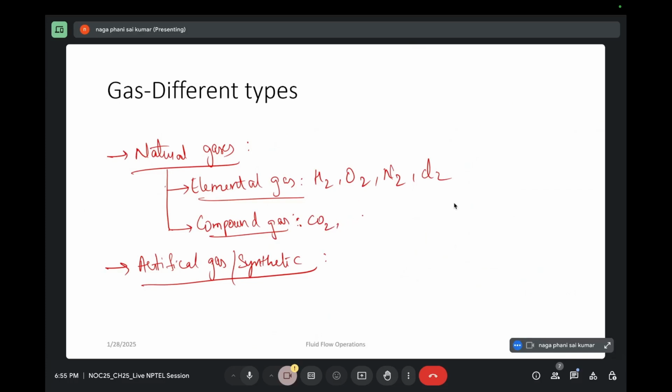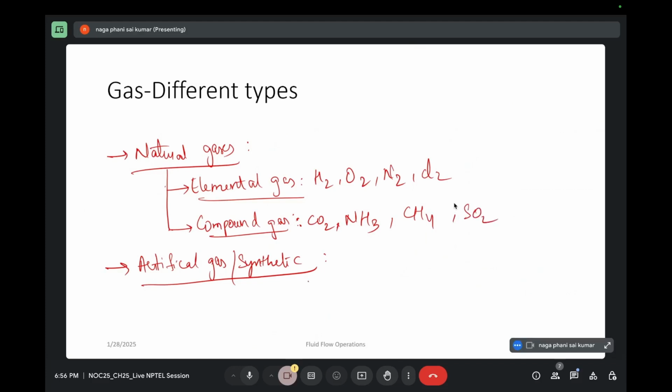And then ammonia, and methane is also a naturally occurring compound gas, and sulfur dioxide is also a compound gas.